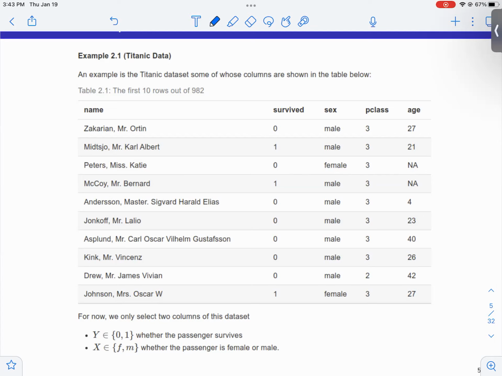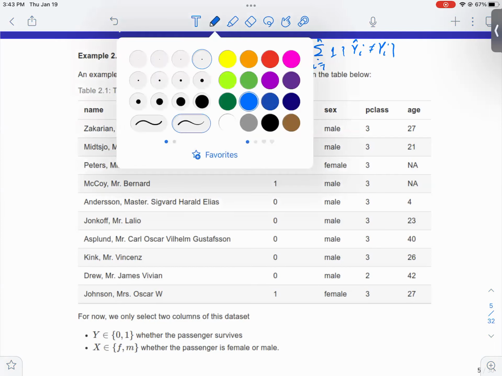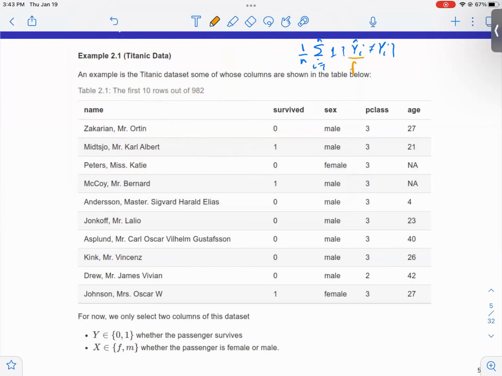It would be the indicator of y hat i not equal to y i, and then I take the average. And y hat i is just going to be f hat of x i.